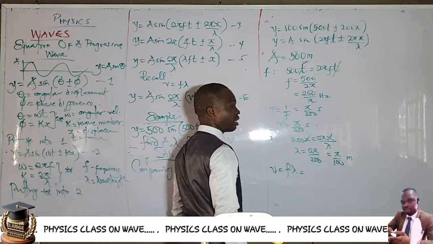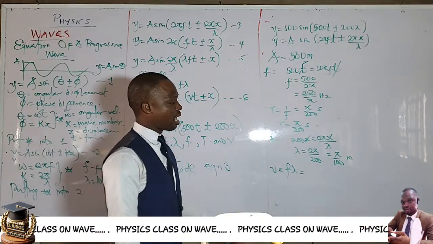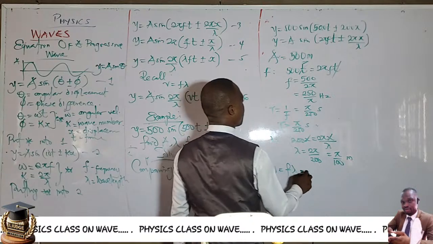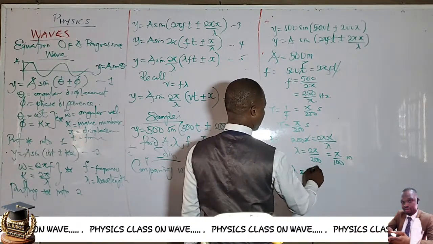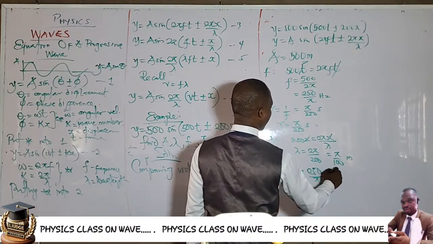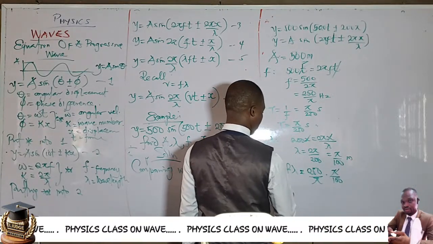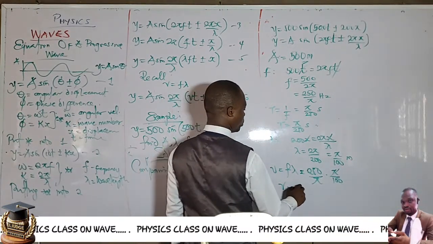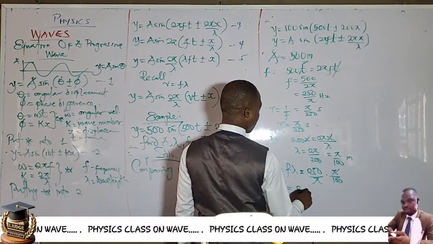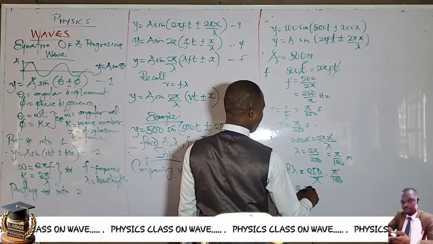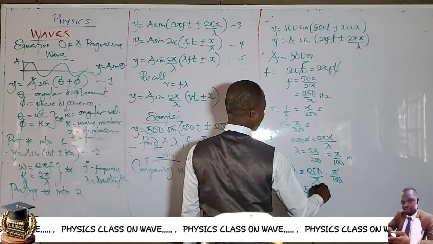You can use f lambda, or you can use lambda over T, and you still arrive at the same answer. So f is 250 over pi times pi over 100. Pi cancels pi, and v equals 2.5 meters per second.